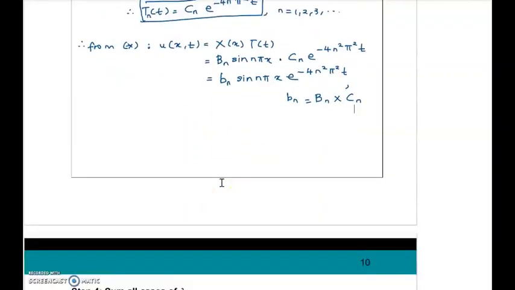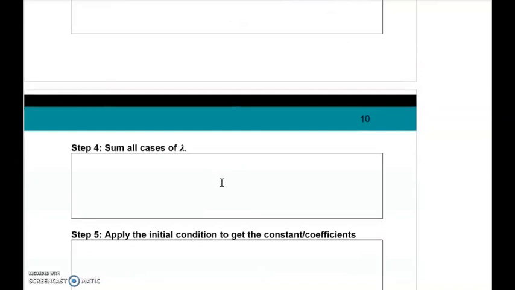So step number 4, sum all cases, because u of x, t in general is the summation of u in case 1 plus u in case 2 plus u in case 3.